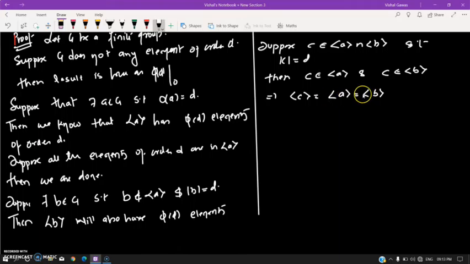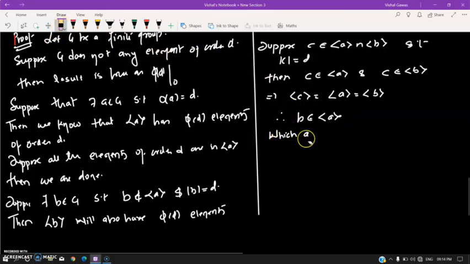From here the subgroup generated by C will be equal to A, and from here it will also be equal to B, so all would be equal. Therefore B belongs to A, which is a contradiction, as B does not belong to A.